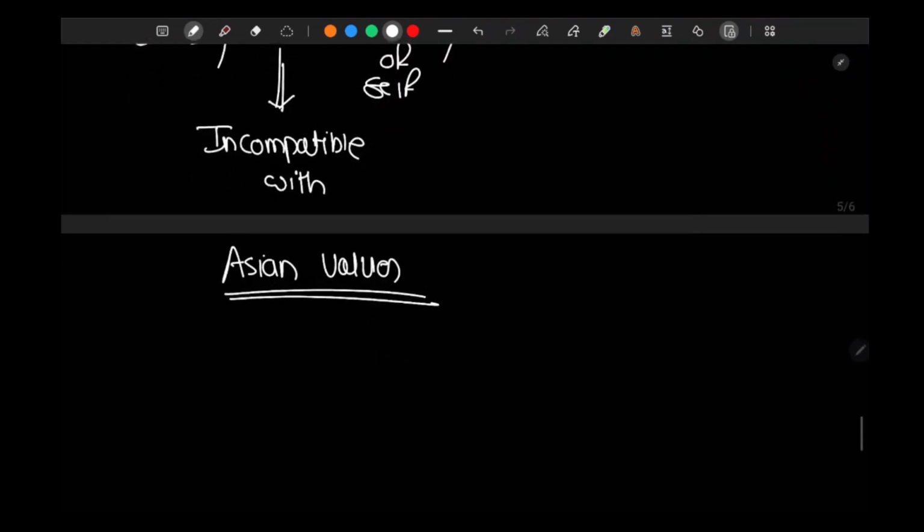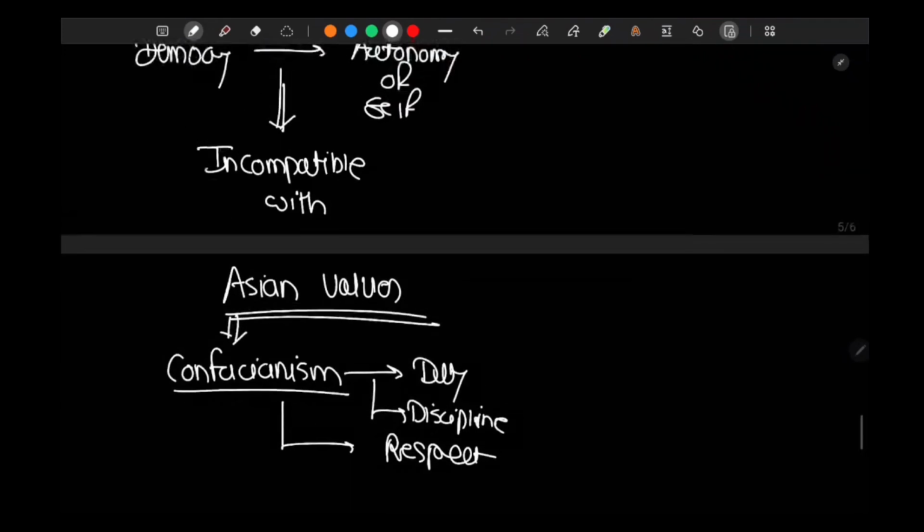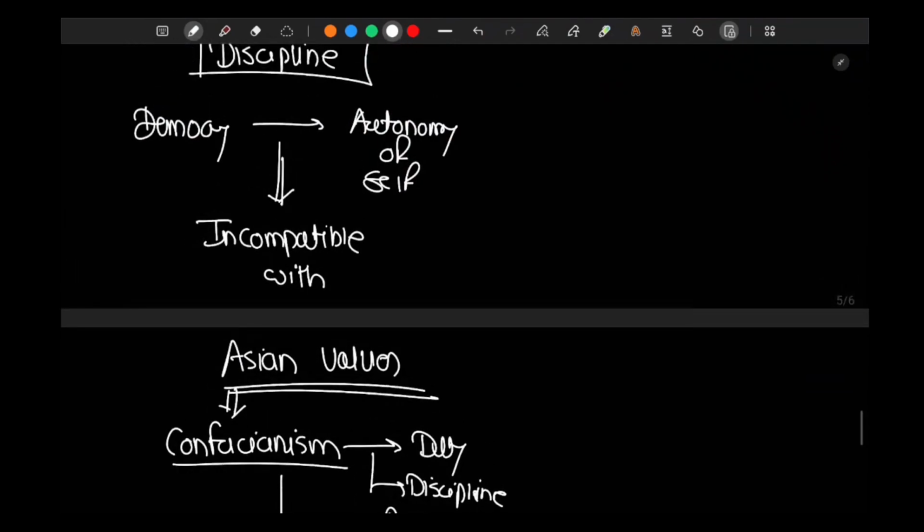What are Asian values? We have seen in the Asian values debate that Asian values derive from Confucianism. Confucianism basically talks about duty, discipline, respect, all those things. So Asian values are not compatible with democracy and the substantive values of democracy.